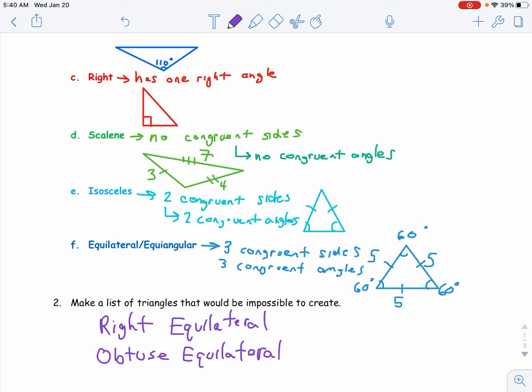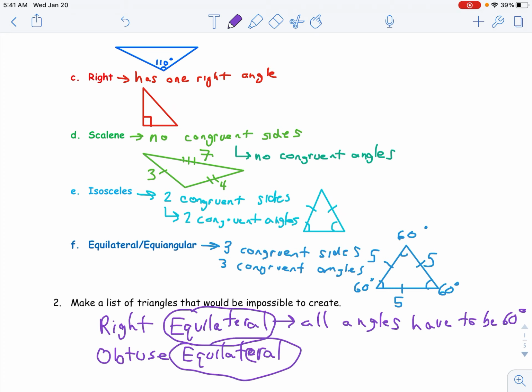Alright, these are impossible because when you have an equilateral triangle, all angles have to be 60 degrees. And that's true for the obtuse equilateral part, where all the angles have to be 60 degrees in an equilateral, so none of the angles can be obtuse or none of the angles can be right.